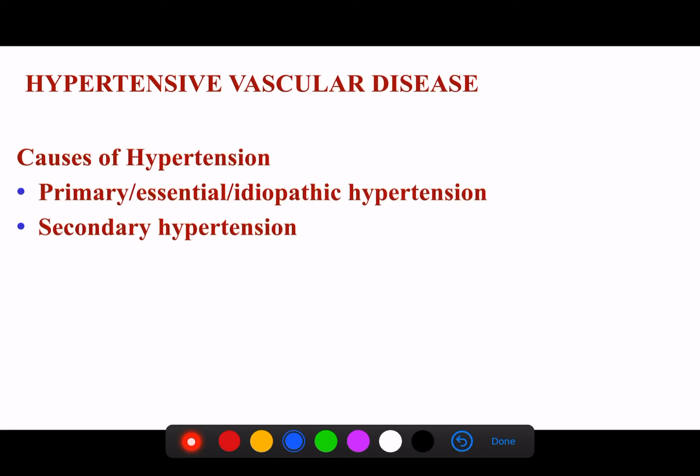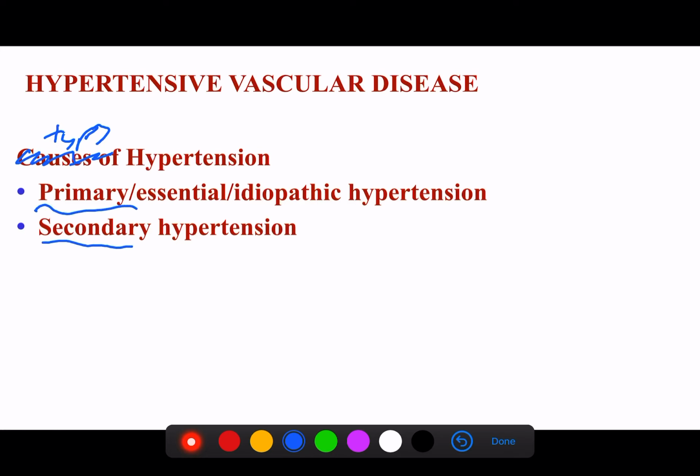The other topic we will talk about, as we said, is hypertension. Hypertension, as we said, leads to atherosclerosis. Atherosclerosis also causes hypertension. Here we discuss not the causes but the types. Hypertension is classified into primary hypertension and secondary hypertension.